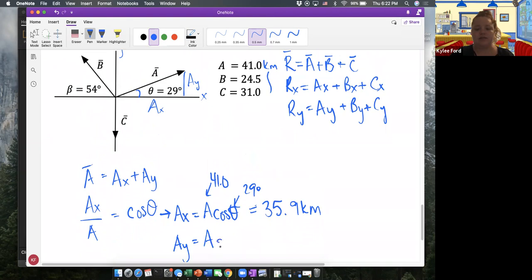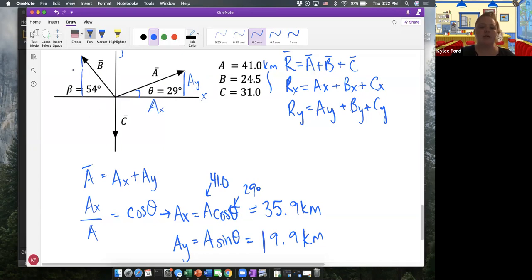Plugging in those numbers again, but now with the sine, we get 19.9 kilometers. So now we have our AX and our AY.